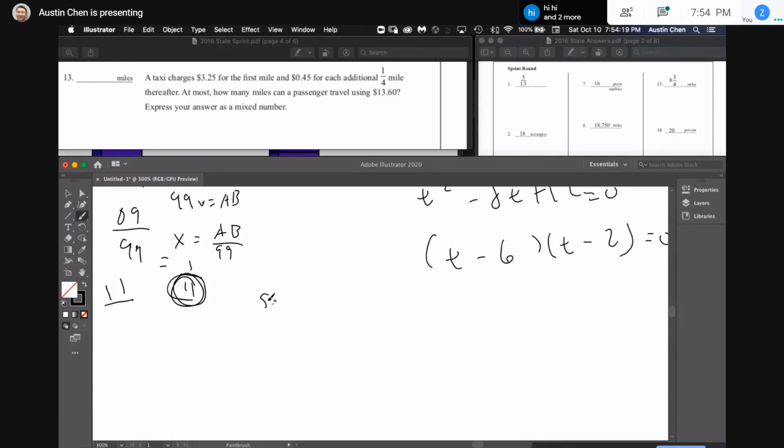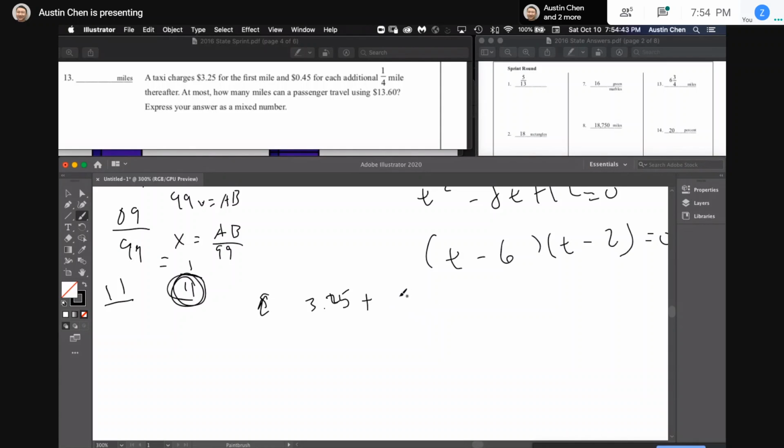I'm not going to care about the dollar signs, I'll just have everything in dollars. So you pay an initial amount of 3.25, and for each additional 1/4 mile you drive, you add 0.45.